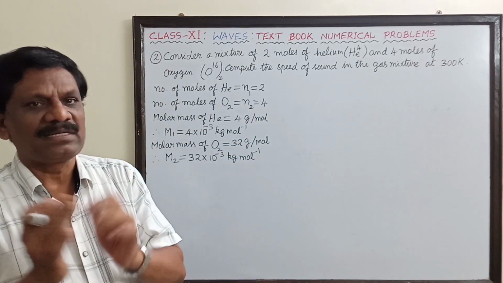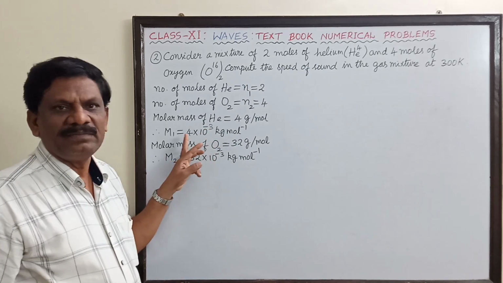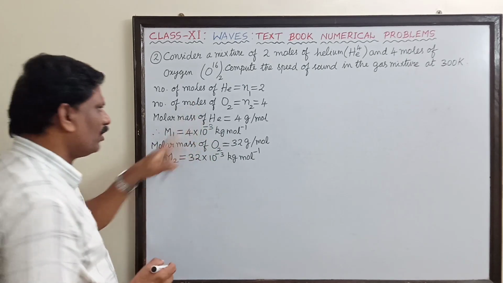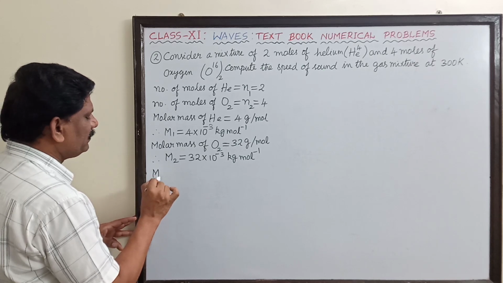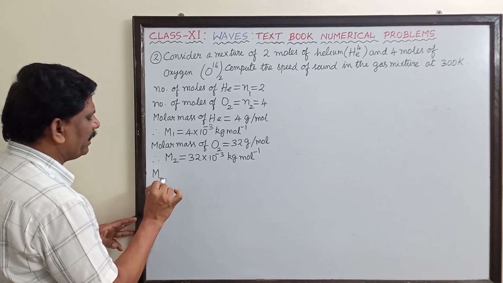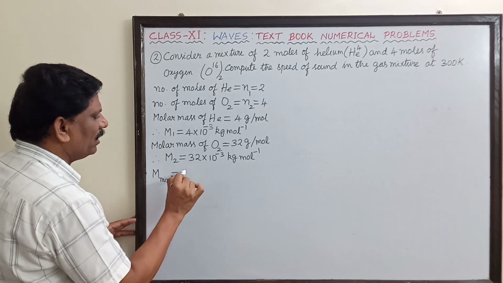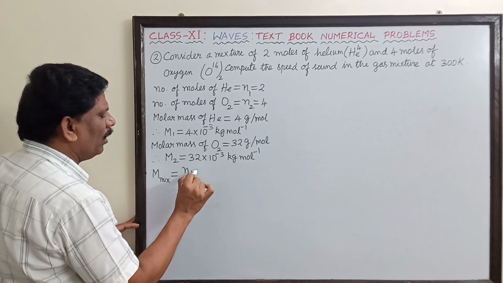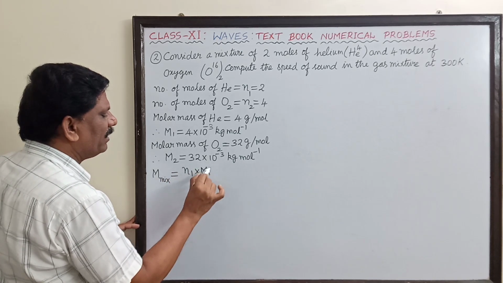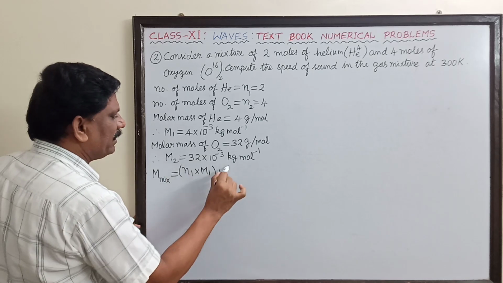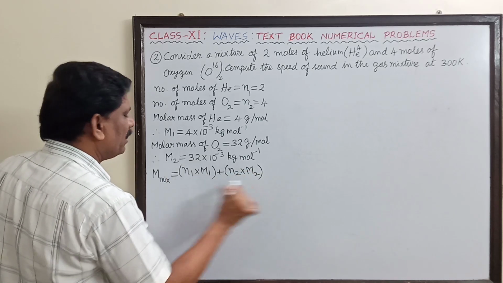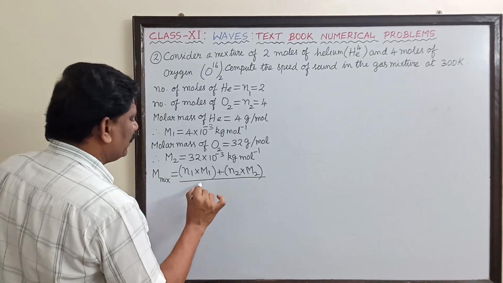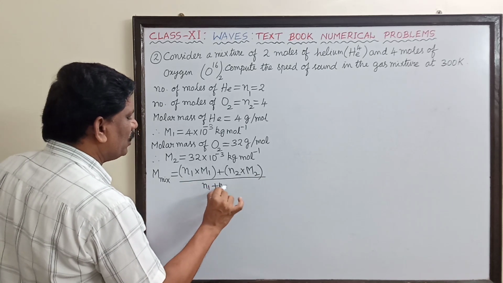The mass of the mixture we cannot add directly. How many moles are there? So the mass of the mixture, M mixture, we have to find out. This is N1 moles into mass of helium plus N2 moles into mass of oxygen, whole divided by N1 plus N2.